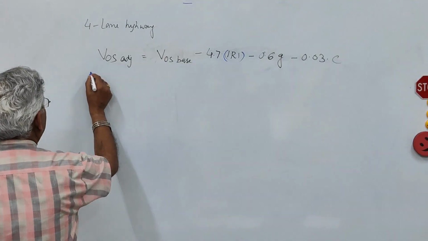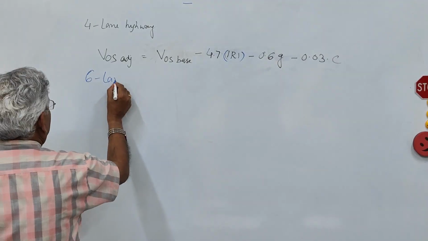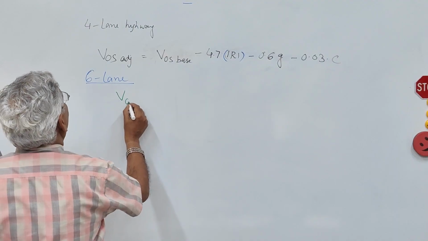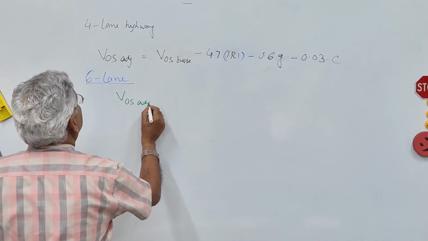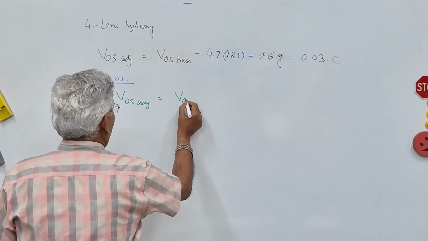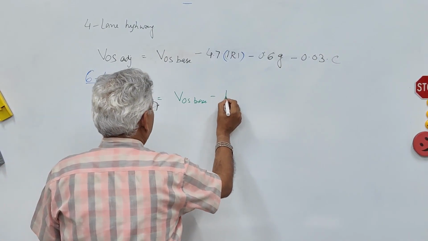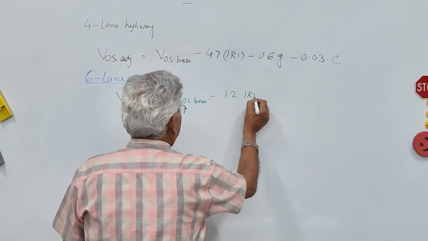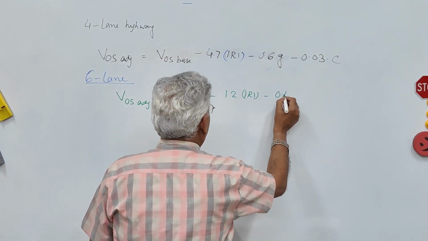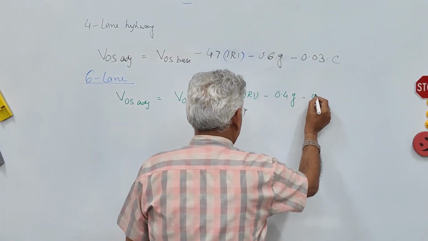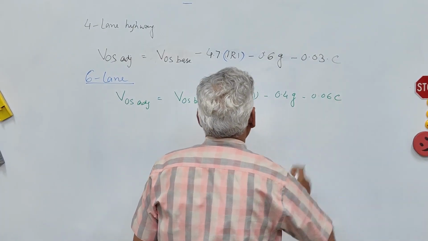And for 6-lane, VOS adjusted is VOS base minus 1.2 IRI minus 0.4 G minus 0.06 C.